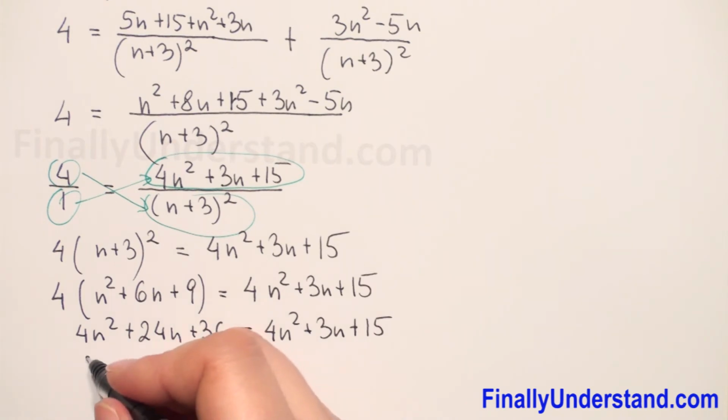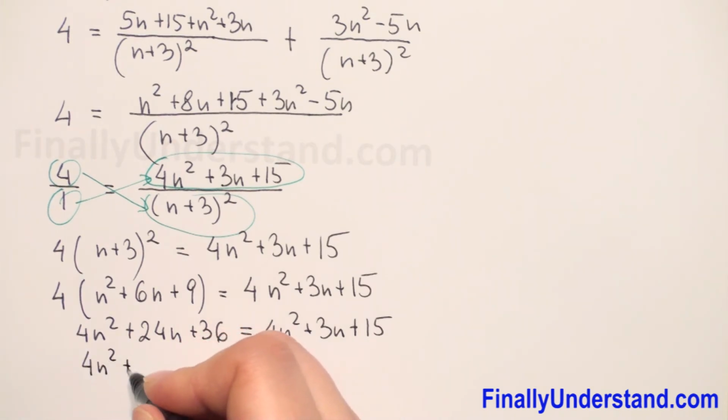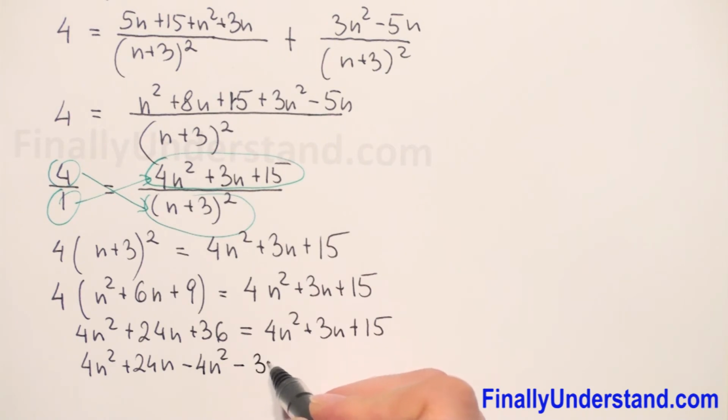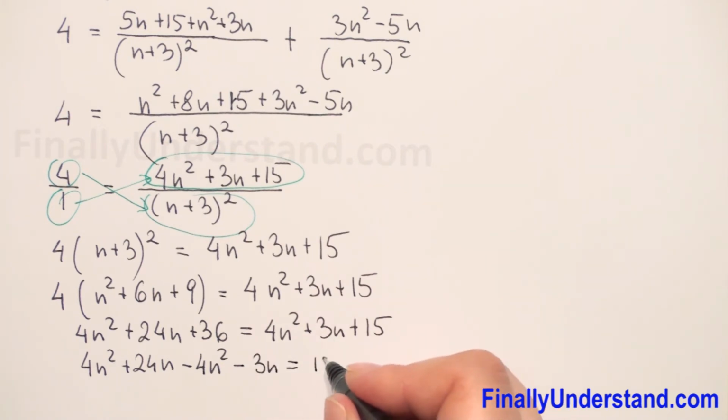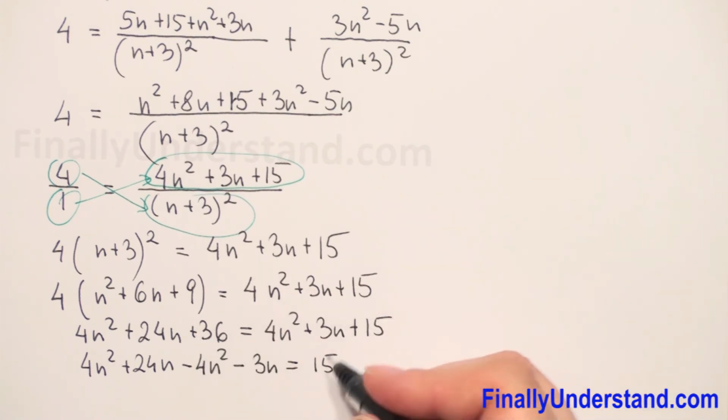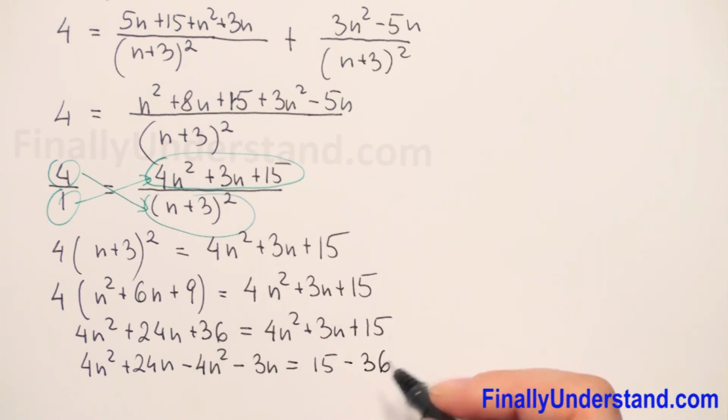So we have 4n squared plus 24n. Positive 4n squared will now be negative 4n squared, positive 3n will be negative 3n. This is equal to 15. We will rewrite, and positive 36 goes to the right side, so it will be negative 36.